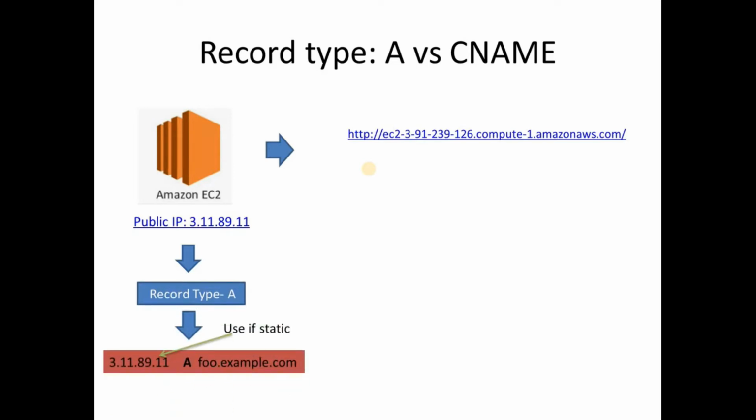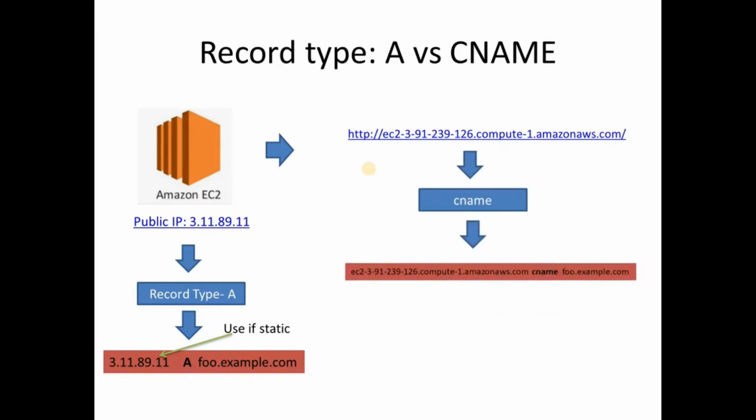And if you want to map with the DNS, then you can choose CNAME. See this example: this is nothing but the EC2 public DNS, and we map it by using a CNAME. Now move to the next slide to see how exactly a CNAME works.